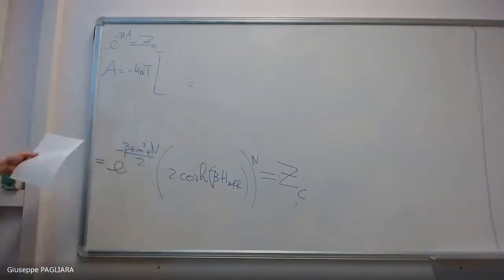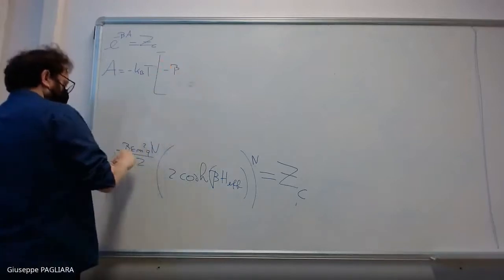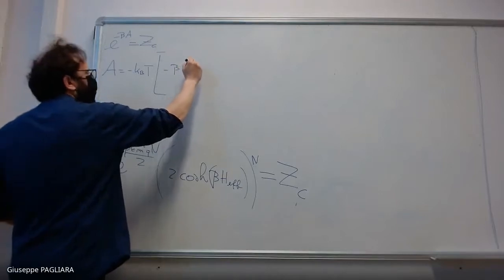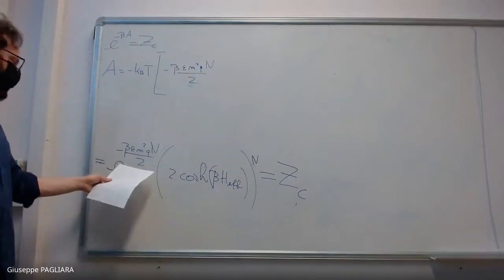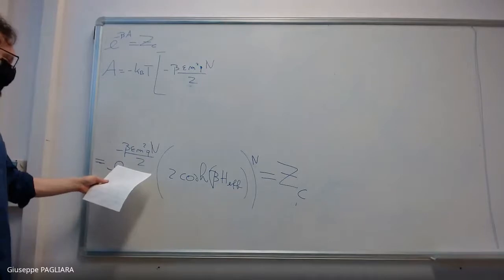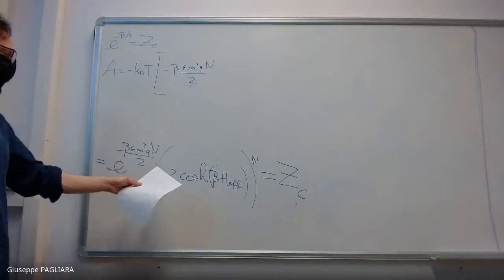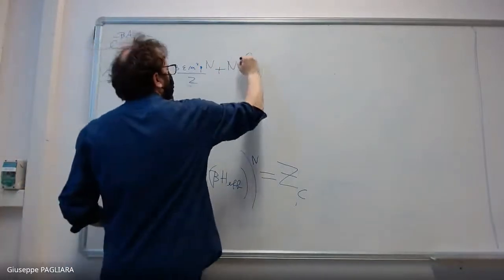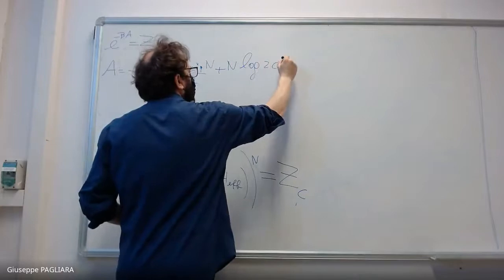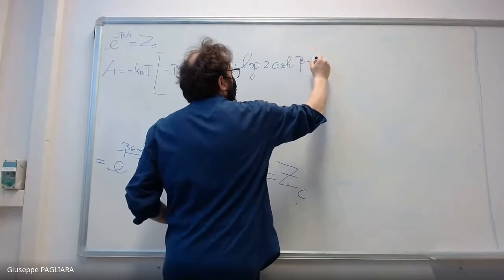So minus kBT is outside, and then I have the log of this expression: minus beta epsilon m squared qn divided by 2, plus n times the log of 2 cosh of beta H effective.